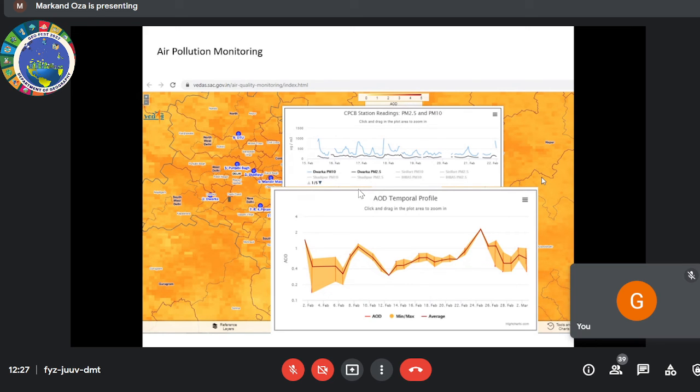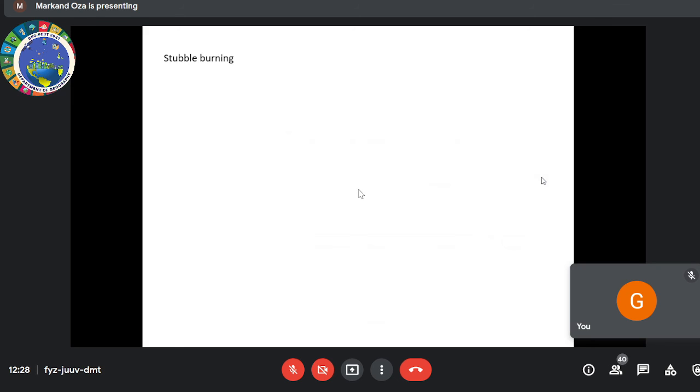The challenge is to use this data, make a platform which can catch all this data and put it in a simple form where people can understand and policymakers can make a reasonably reliable forecast and do something temporarily as well as in the long term to make some impact.